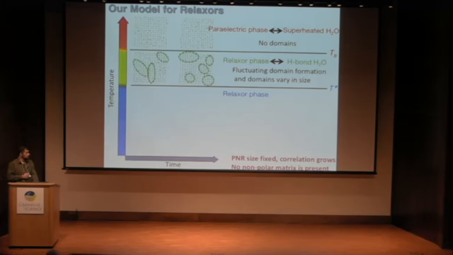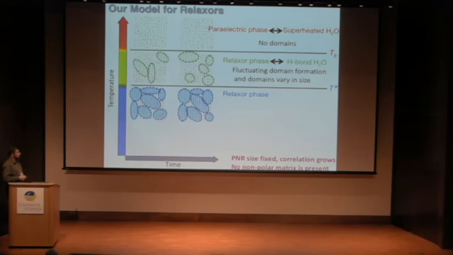And that's at TB. And when we go to T star, we have more or less the same size of these polar nanoregions, but now they're frozen in space. They can change a little bit. For example, here you see this one goes from being a little bit fat to being a little bit thinner, but more or less they're frozen where they are, but they can change the orientation of their polarization. So here, the location is static, but the orientation is still dynamic.